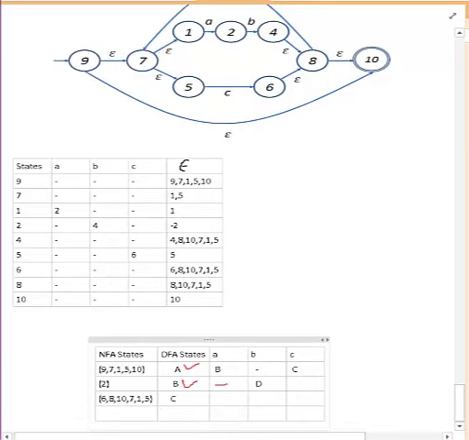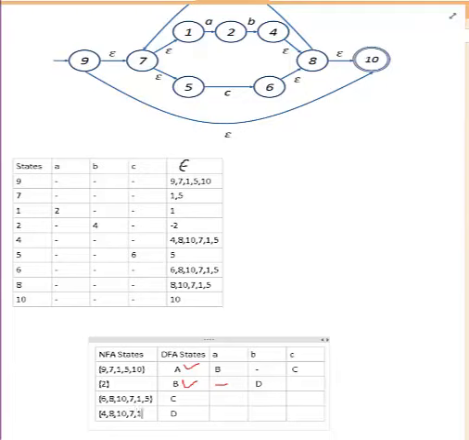So what is that D going to be? D is where you can reach from B, which was state 2 in the NFA. So I have to see where I can reach from this 2 on taking the input B. I can go to the 4 first, then to the 8, if you see the diagram, then from 8 to the 10 on an epsilon move, then I can go to the 7, and then to the 1 and 5 on that path.